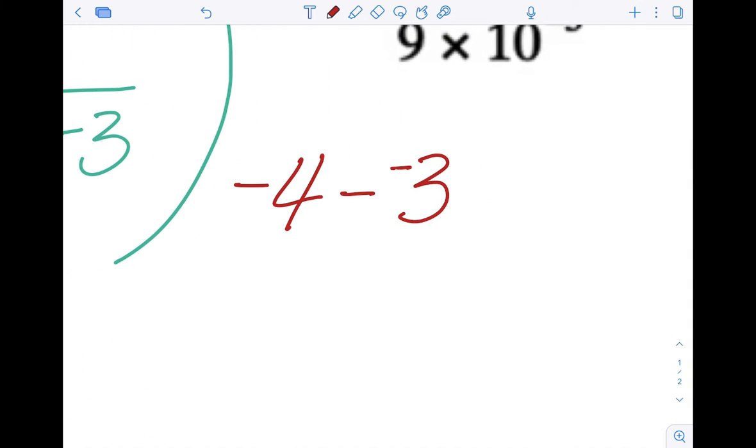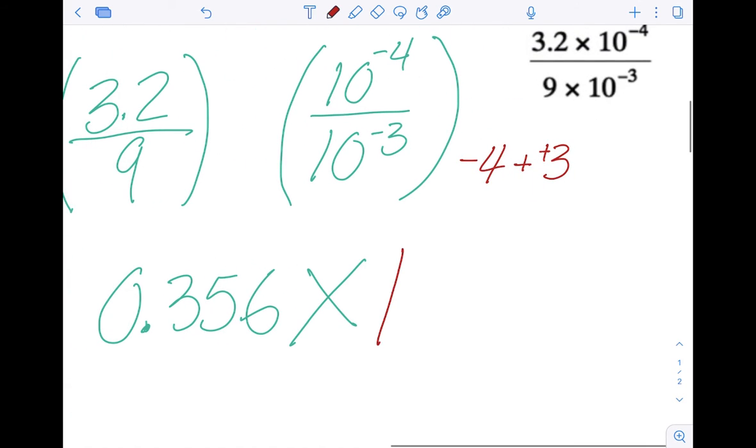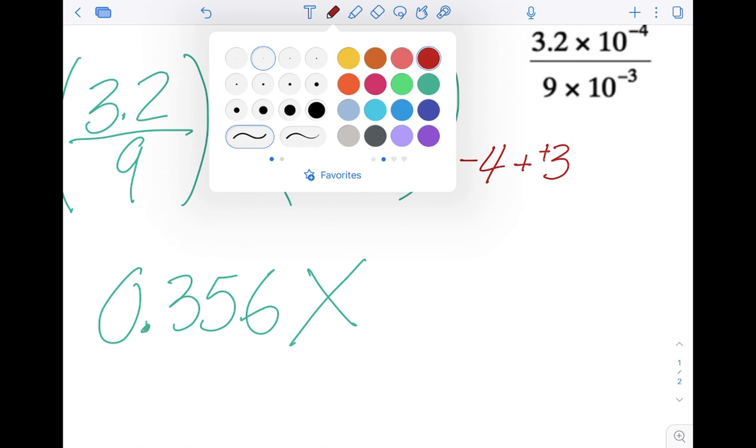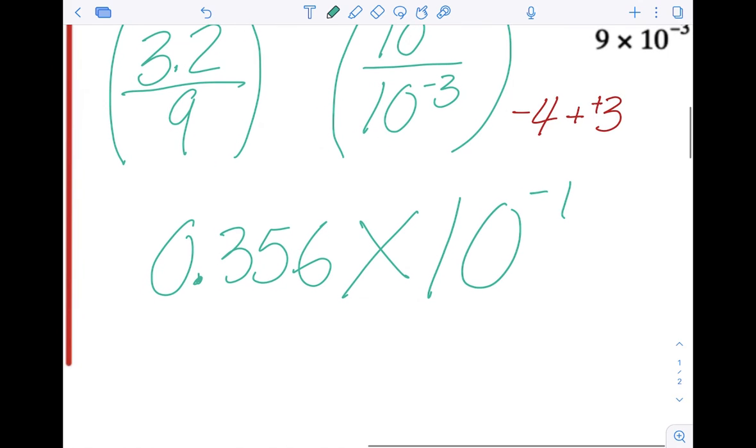Let's remember that whenever we have negative, negative, like right here, they become positive, positive, right? Now I have different signs, so 4 minus 3 is 1, and 4 is bigger and 4 is a negative, so I get 10 to the negative 1, just like that.